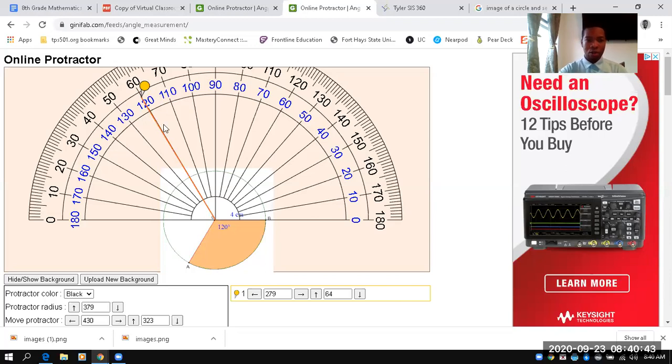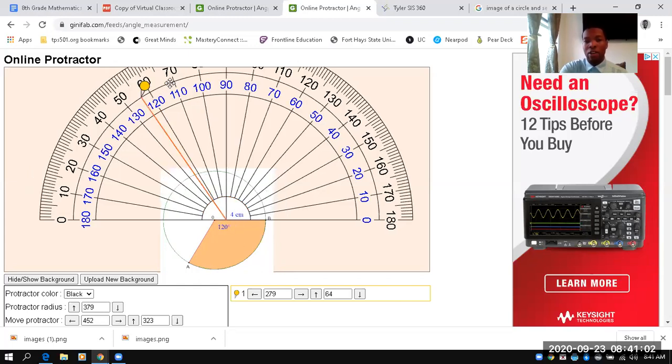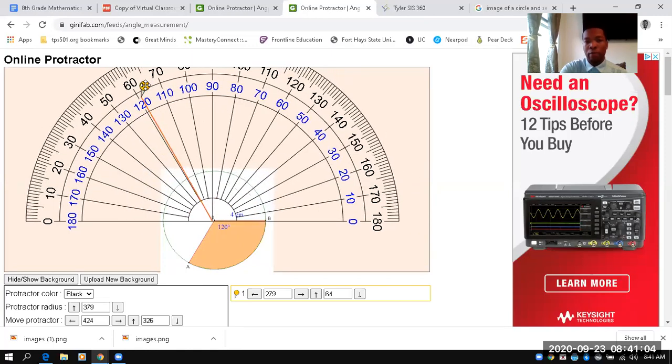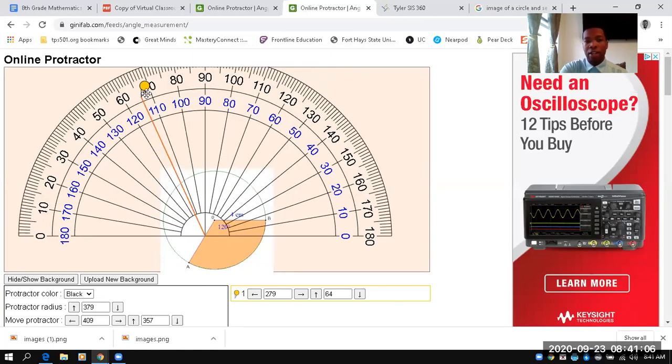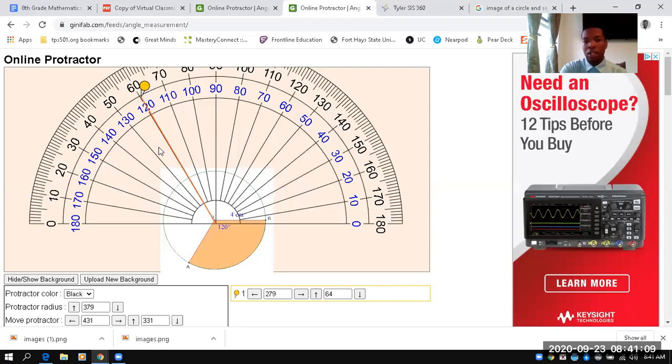So my angle is from here all the way around. If you realize, this angle that I'm showing you is the same as this one, and I use the black line. It all depends on which one you want to use. Really, I just have to ensure that my lines match up. This red line is the one that I move, and then I ensure that my baseline is with it.